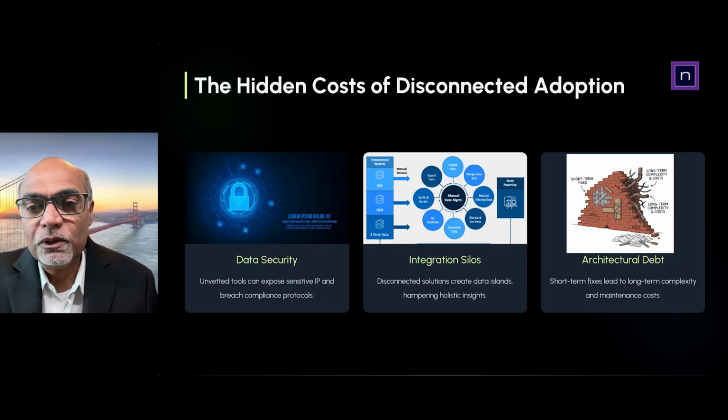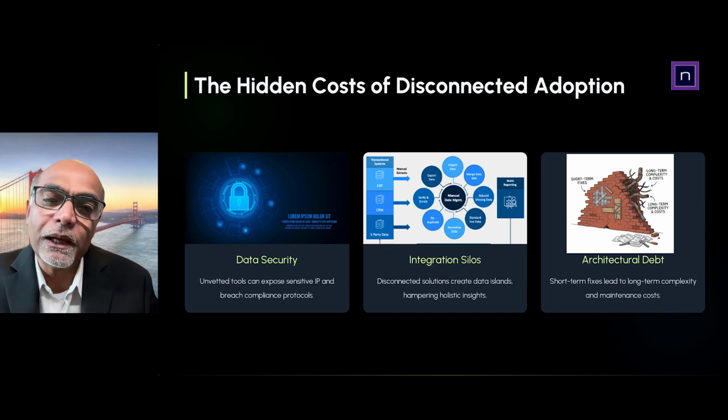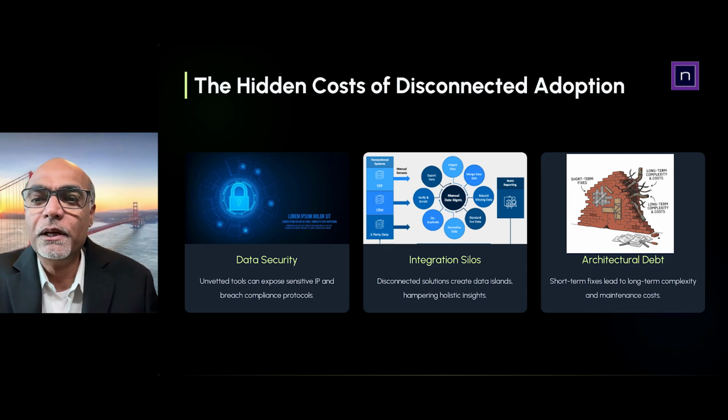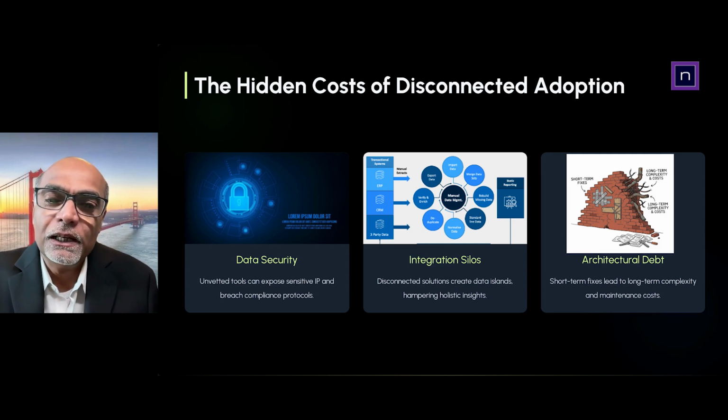As a CIO, we need to look at data security, how different applications are integrated, and how that is coming together architecturally. Every business unit is bringing its own AI without thinking about data security. Think about where your sensitive data is going. With GDPR, this can become billions of dollars in fines.